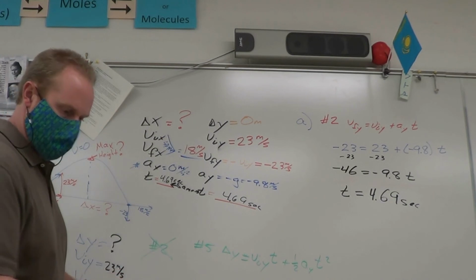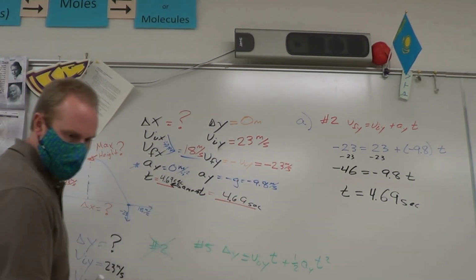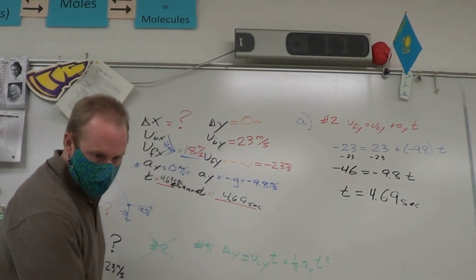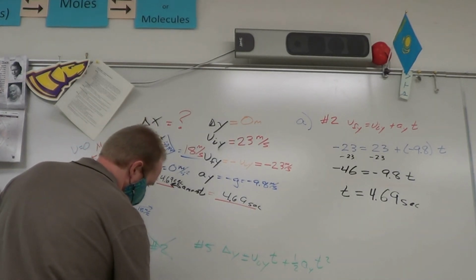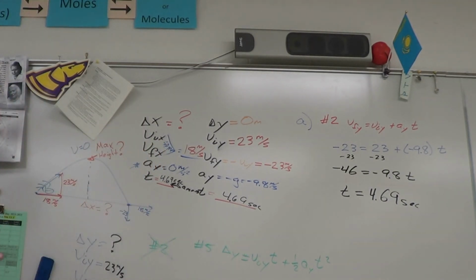So my time, when I take that number and divide it by 2, is 2.346. Okay, so I'll write 2.35, but I'll use my full decimals once again.